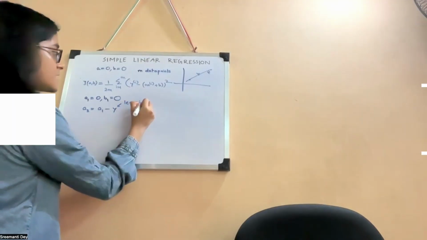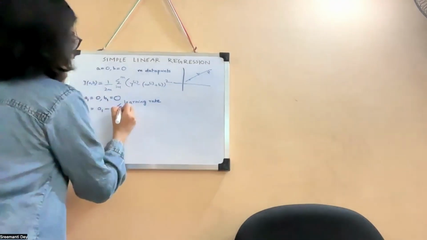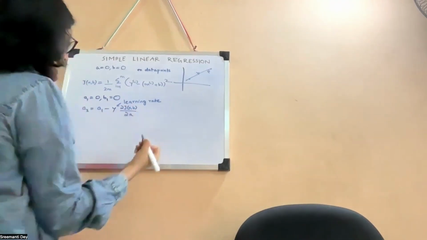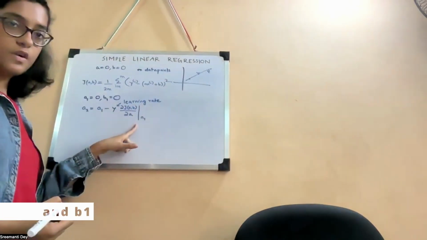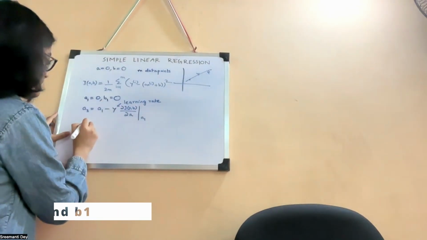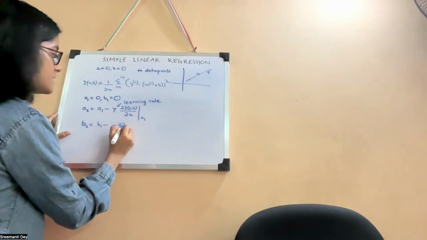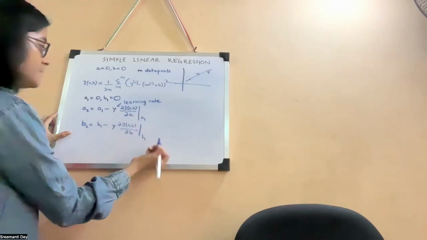And this constant is actually called the learning rate in machine learning. Times dJ(A, B) with respect to dA, taking the value at A1. And B2 is B1 minus gamma times dJ(A, B) with respect to dB at the value of B1.